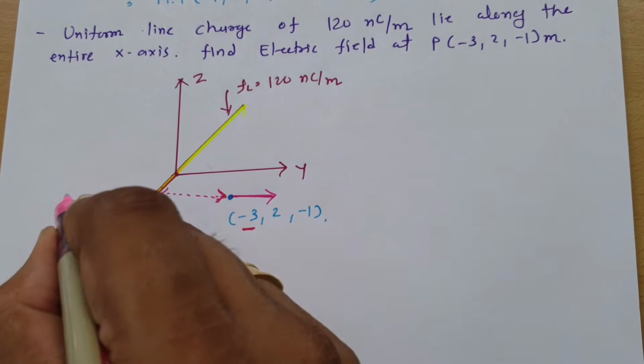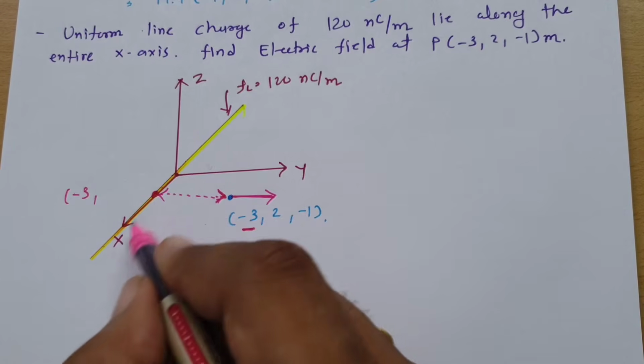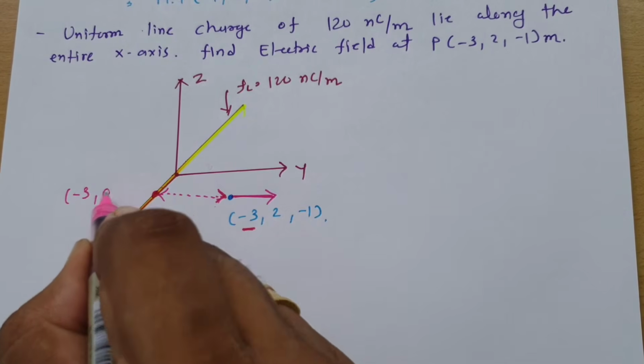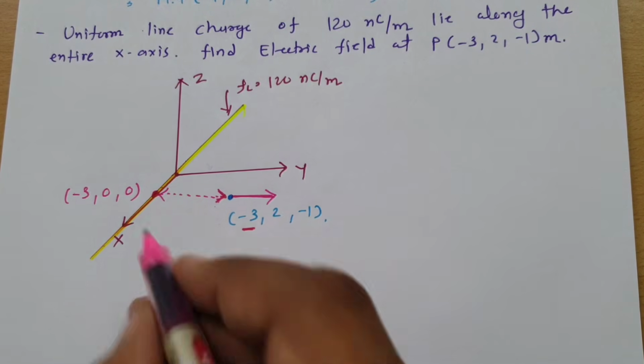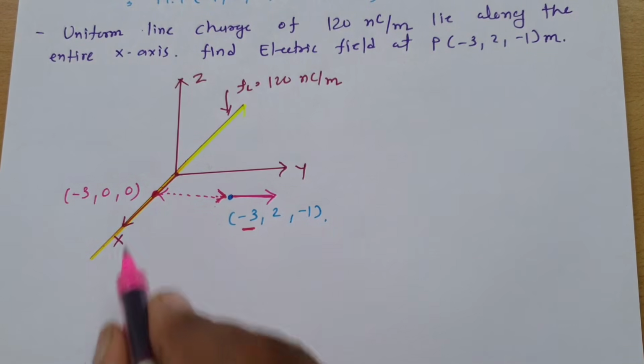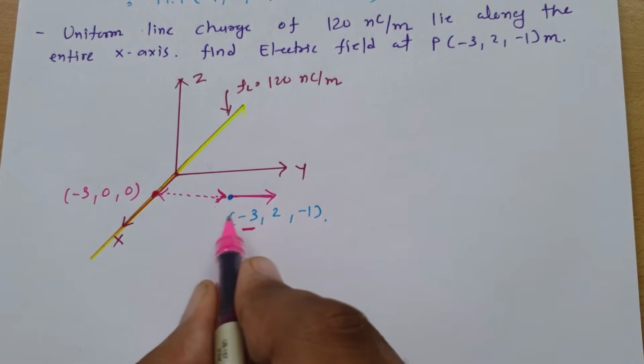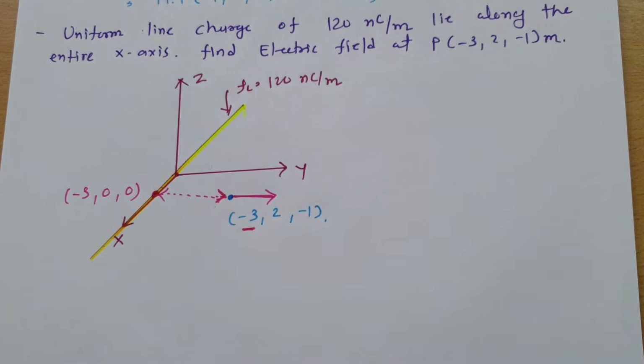So the x coordinate is minus 3, and on the x-axis the y and z coordinates are 0. See, this is how we need to find this point. So this point is minus 3, 0, 0, and this direction is this point minus this point, right?